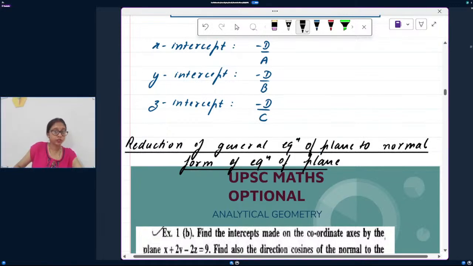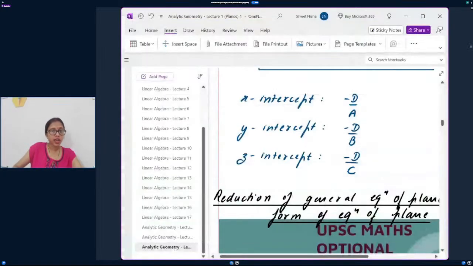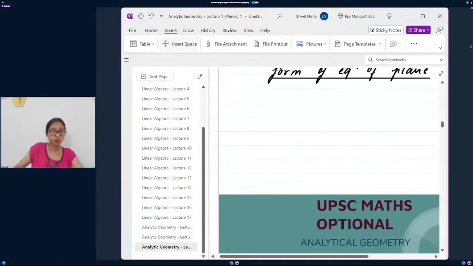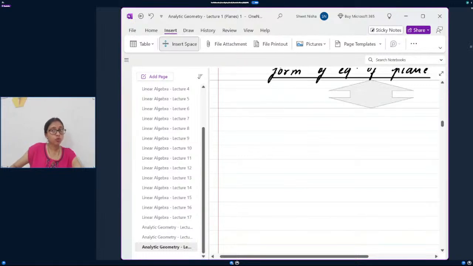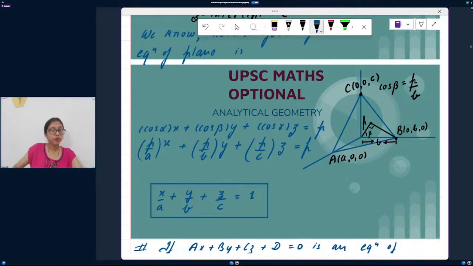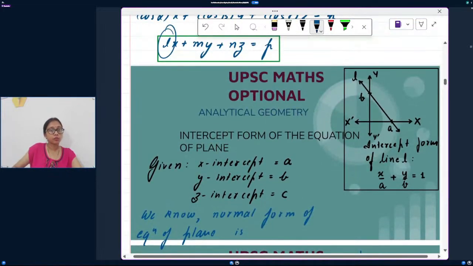Now, this is going to be difficult because I don't just want some coefficients of x, y, z. I want coefficients of x, y, z such that they follow the relation l square plus m square plus n square is equal to 1. That means the coefficients that I choose here should satisfy the relation a square plus b square plus c square is equal to 1. And on the right hand side, I want a positive number.